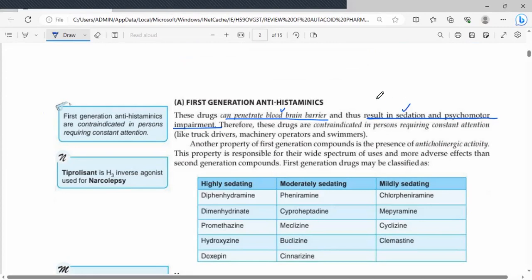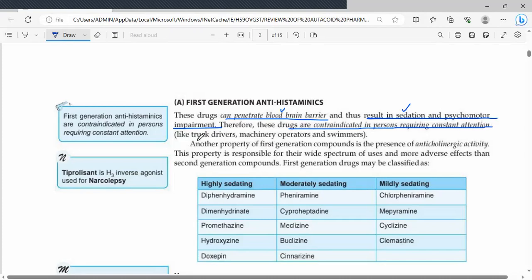Why sedation? Remember, I told you histamine being released from the tuberomammillary nucleus promotes wakefulness. So if you block the receptors, what will you do? You will induce sleep or sedation. Now, therefore, these drugs are contraindicated in persons requiring constant attention.